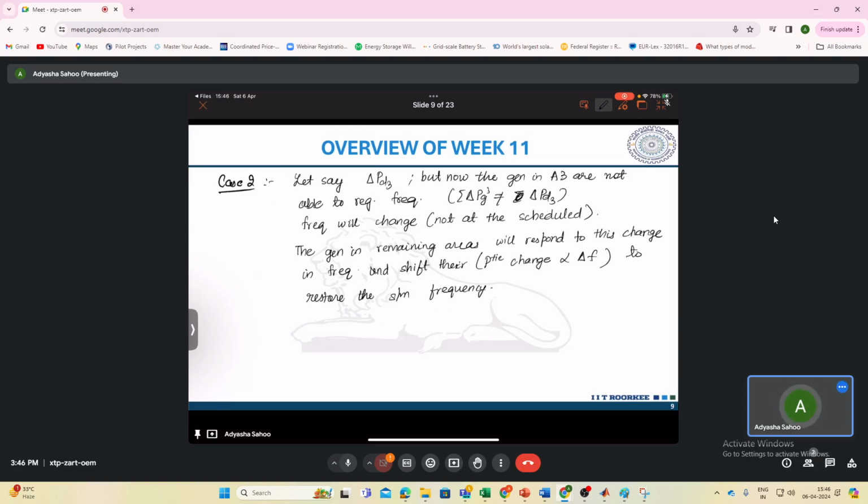How much each tie line power will change, or the extent to which the P tie will change for different areas, will depend upon the frequency bias setting. Okay, so we'll see those in the questions.